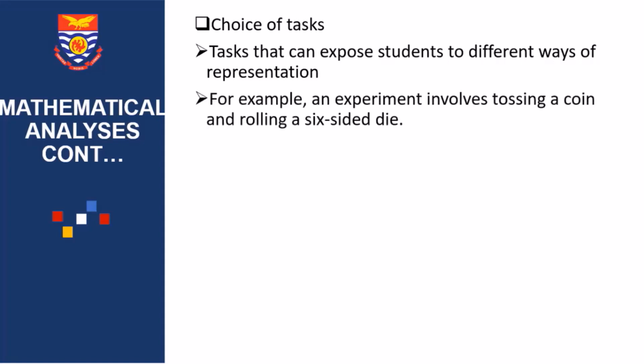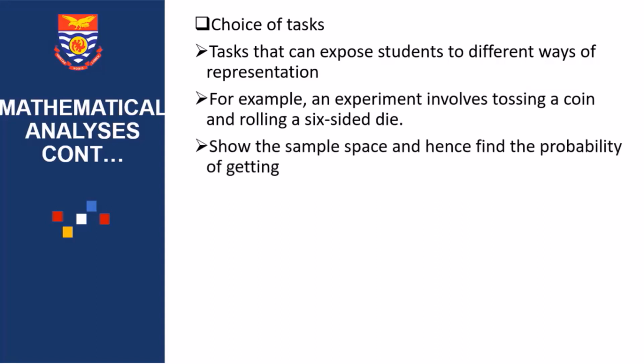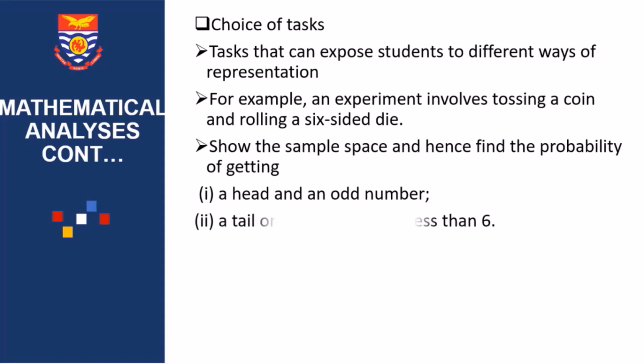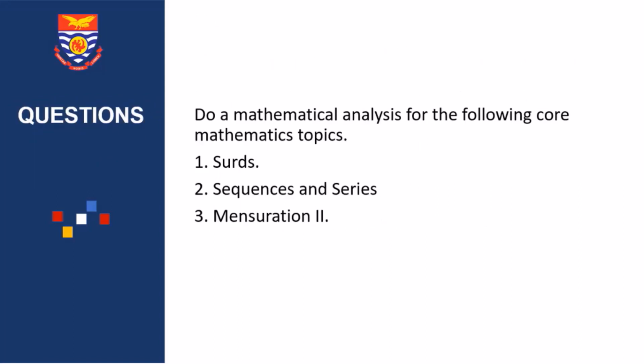For example, an experiment involves tossing a coin and rolling a six-sided die. You can use tasks such as showing them the sample space and letting them find the probability of getting different events, like a head and an odd number, or a tail or an even number less than 6. We can use this particular task to show them how to get the probability of the event stated.